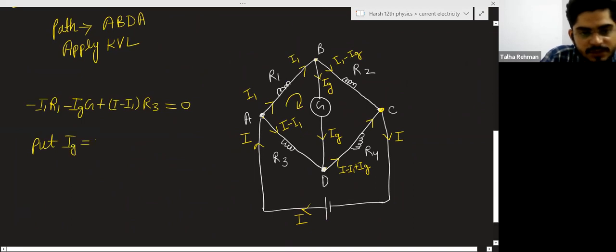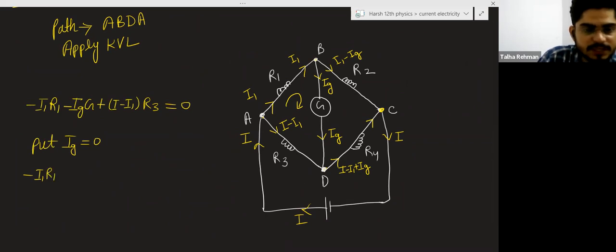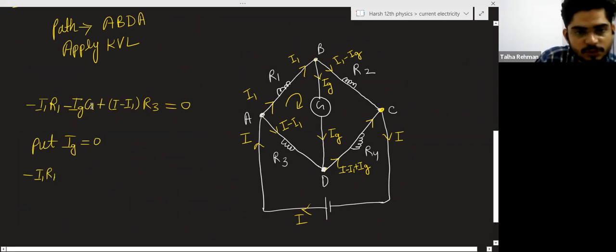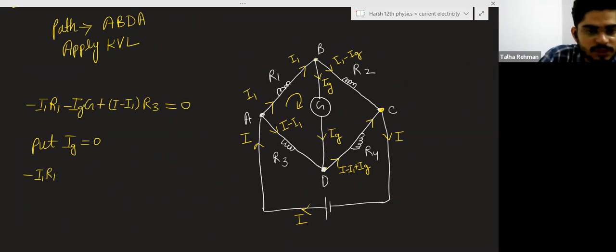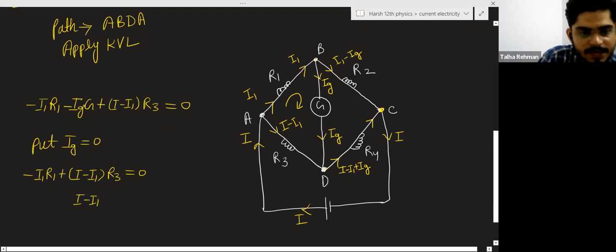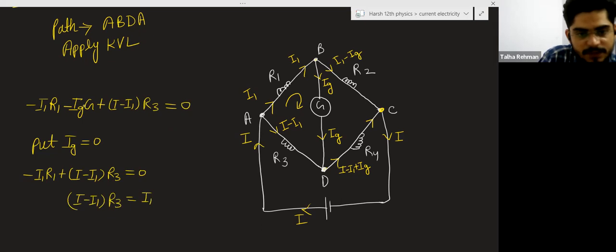So put IG equal to 0. So you will get I1 into R1, and this IG you will put 0, so this whole term will become 0. So this will become plus I minus I1 into R3 is equal to 0. So from here you will get I minus I1 into R3 is equal to I1 into R1.